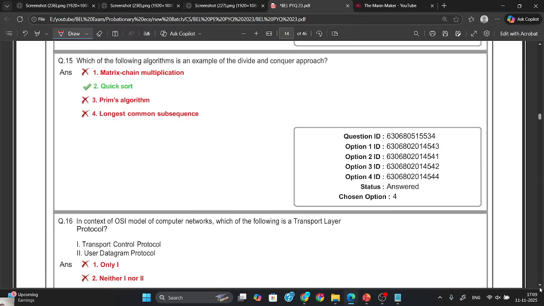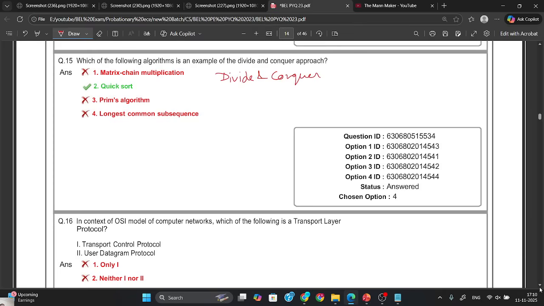Which of the following algorithms is an example of the divide and conquer approach? So basically, divide and conquer is a problem solving strategy that involves three main steps.